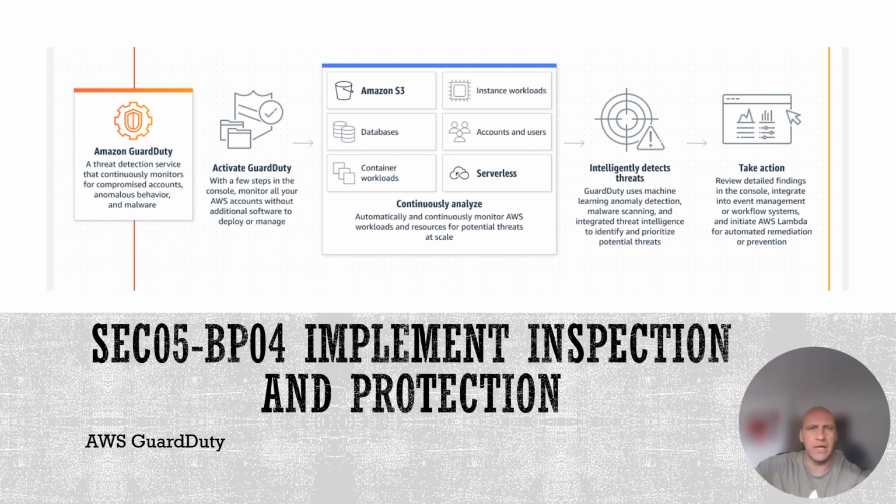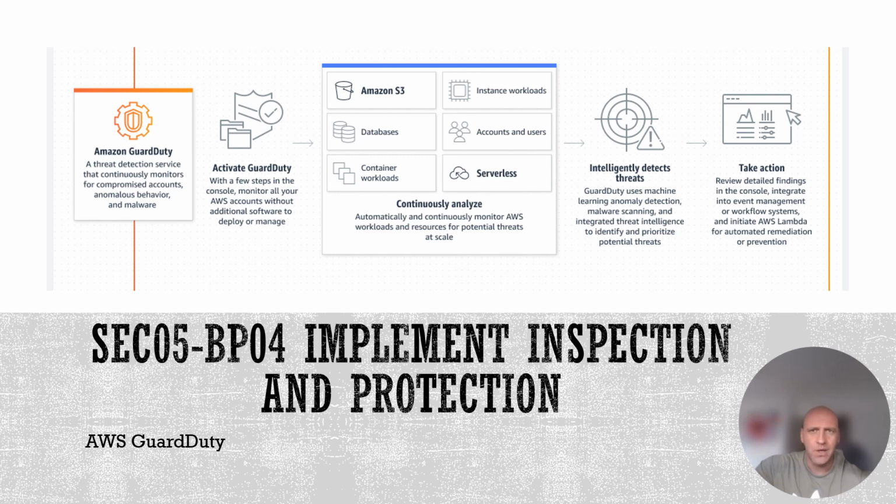This can include issues like escalation of privileges, use of exposed credentials, or communication with malicious IP addresses and domains, presence of malware on your EC2 instances and container workloads, as well as potentially discovering unusual patterns of login events on your databases.